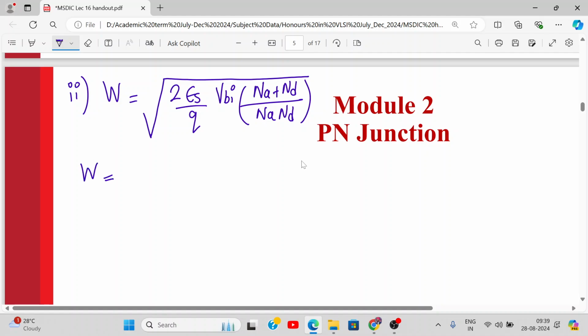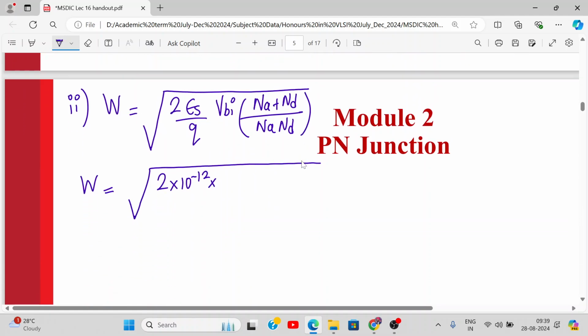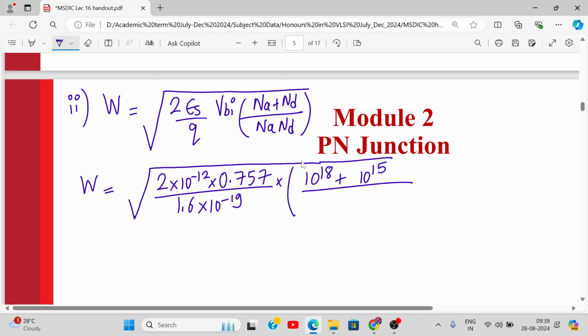So W is 2 into 10 raised to minus 12 into VBI, which is 0.757, divided by 1.6 into 10 raised to minus 19, and this will be 10 raised to 18 plus 10 raised to 15 divided by 10 raised to 15 into 10 raised to 18.